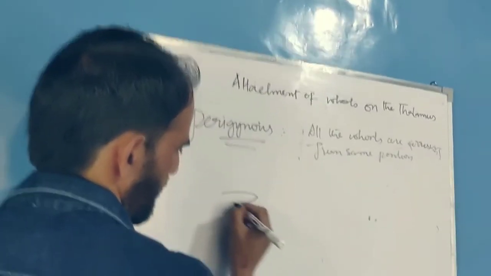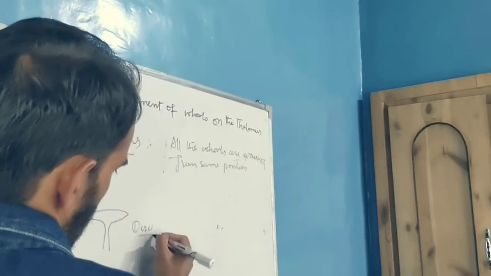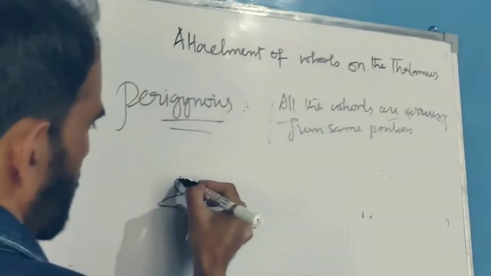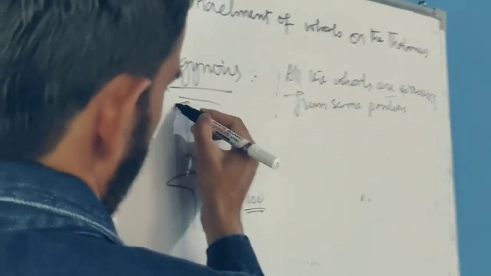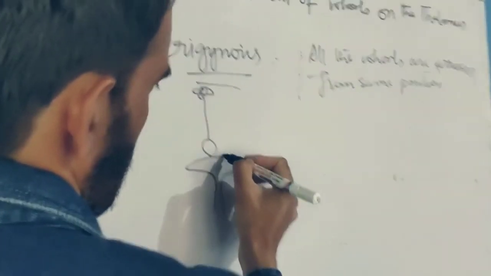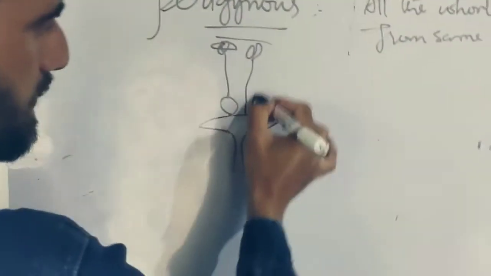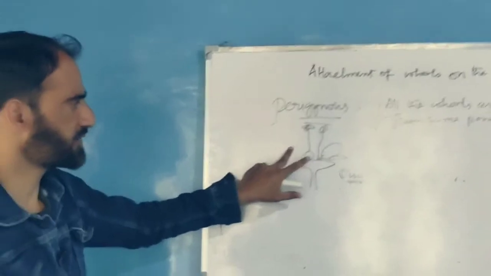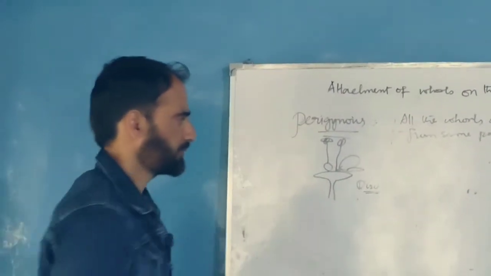This is the thalamus, it is a disc shaped thalamus. So this is the ovary, stigma and style, and this is anther, this is petal and sepal. All the four whorls are arising from the same position.